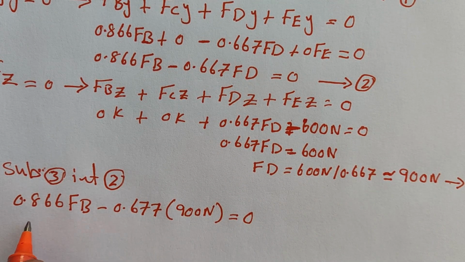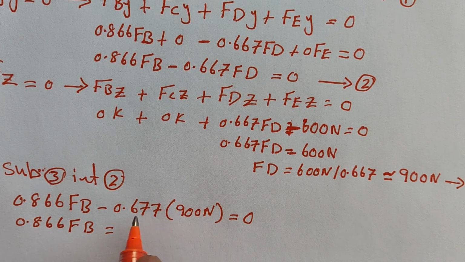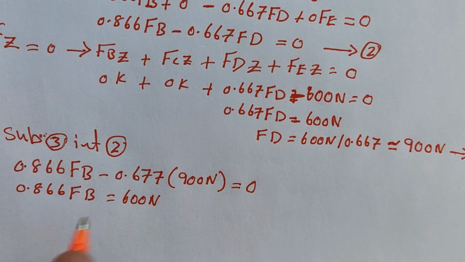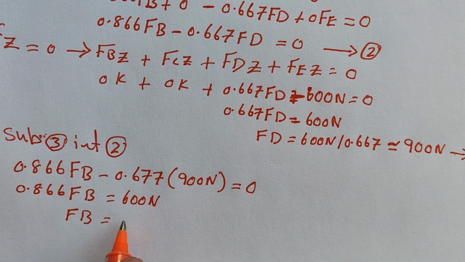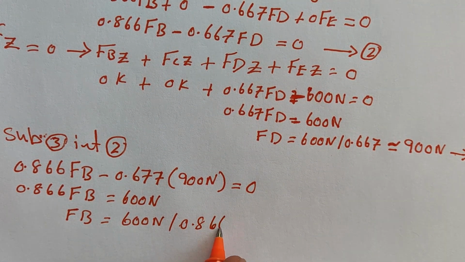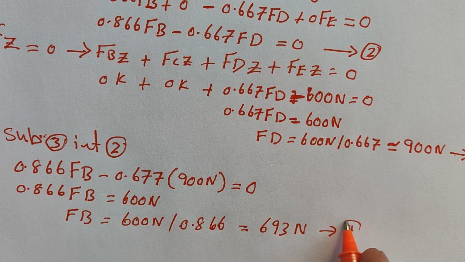Solving for FB, multiply these two together and it will be 600 Newton. Then take it to the other side, so FB equals 600 Newton divided by 0.866, which will equal roughly 693 Newton, and let's call this equation 4.